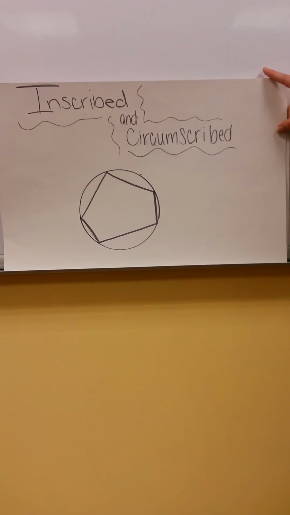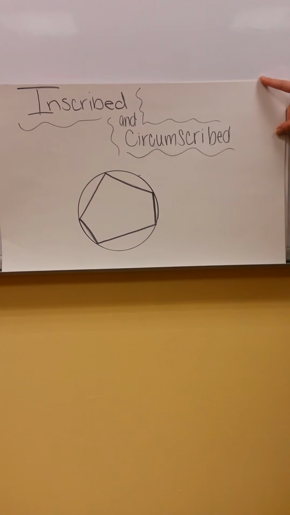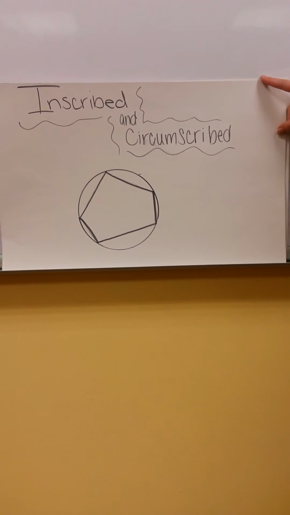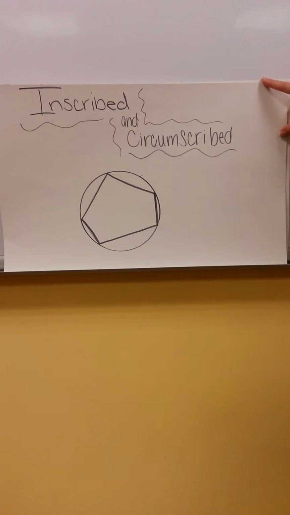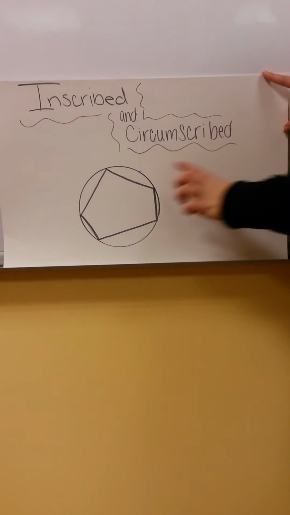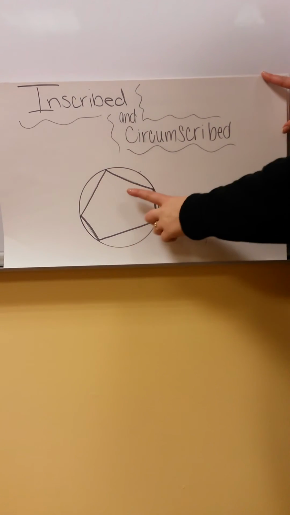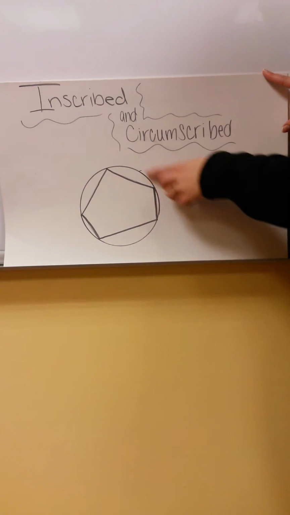A polygon is circumscribed about the circle if each of the sides of the polygon is tangent to the circle. If one figure is inscribed in another, then the other figure is circumscribed about the first figure. As you can see in this picture, we have a circle circumscribed about a pentagon, and a pentagon inscribed in the circle.